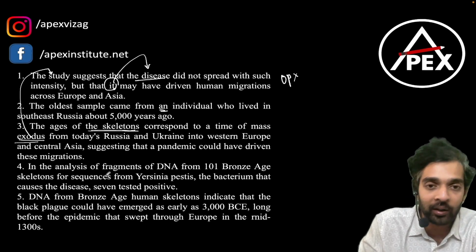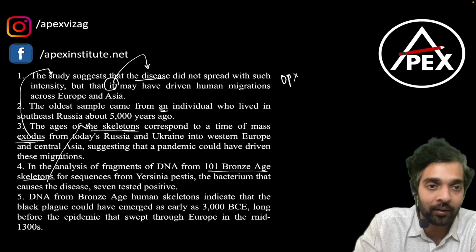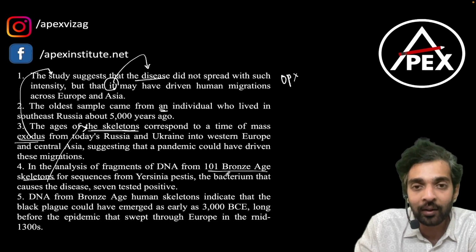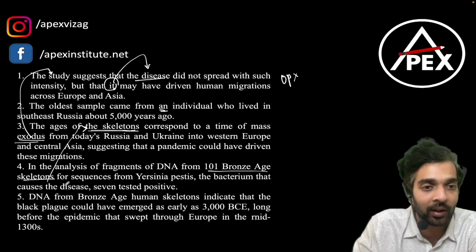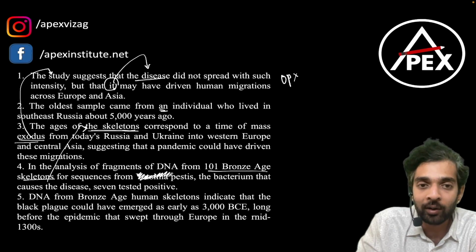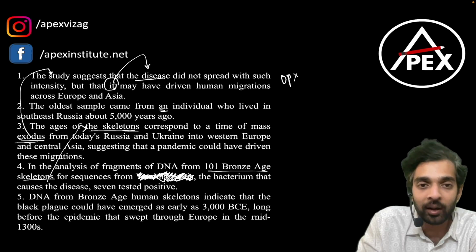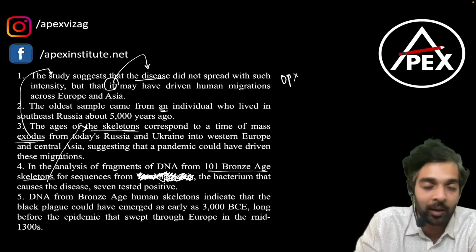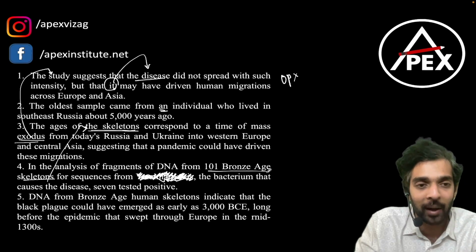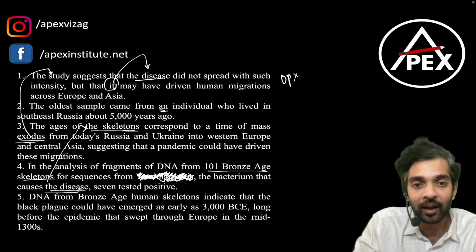For sequences from Yersinia pestis, the bacterium that causes the disease, 7 tested positive. We can just block this big looking word so that we don't get confused, because it's a name and we don't need to worry about it so much. So sequences from something, the bacteria that caused the disease. Again, here also we don't know which disease yet.